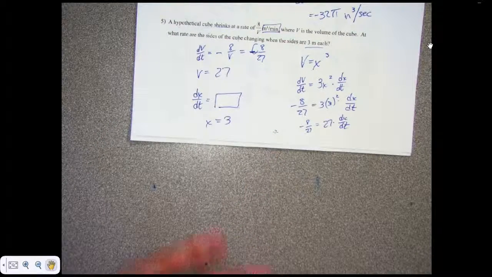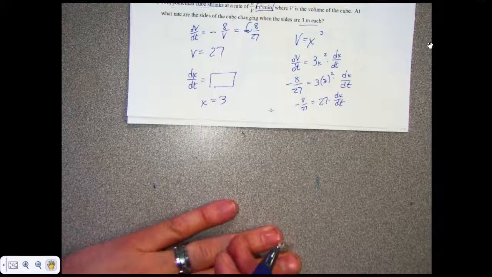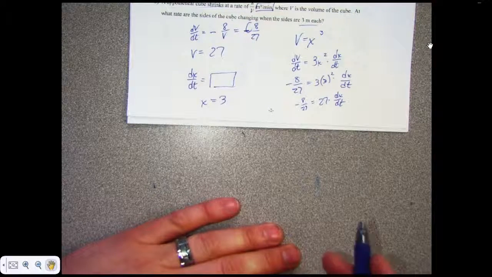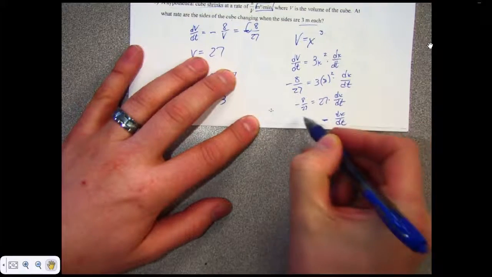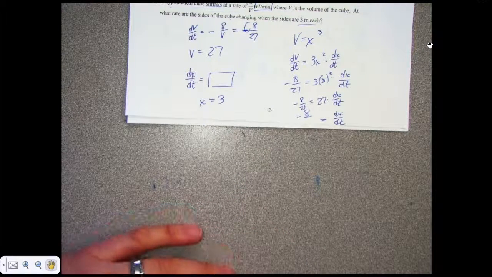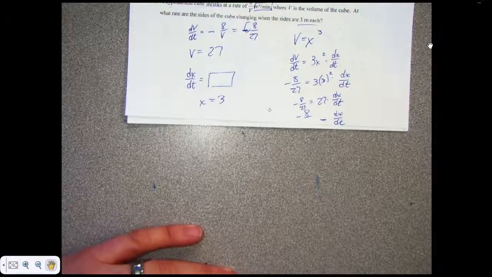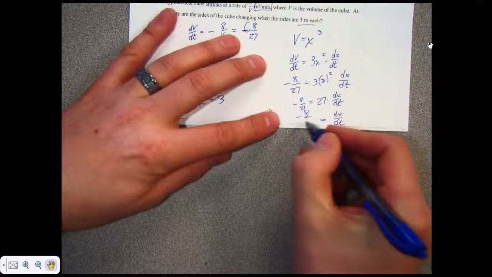So to get dx dt by itself, you have to divide by 27, so it'll be negative 8 over whatever 27 times 27 is. What's 27 squared?